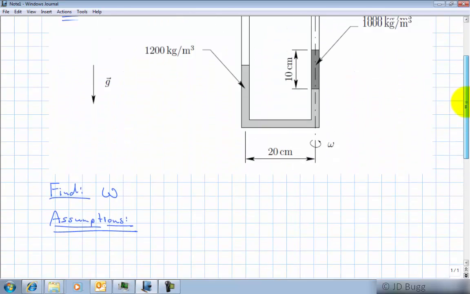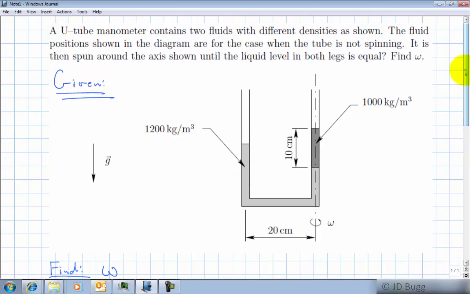So the first thing we want to do is put a coordinate system on this diagram before we get going on the analysis. And this is a rotating system, so we want to use a cylindrical coordinate system. I want to align my z-axis with this axis of rotation, and then r is going to be the radial coordinate.